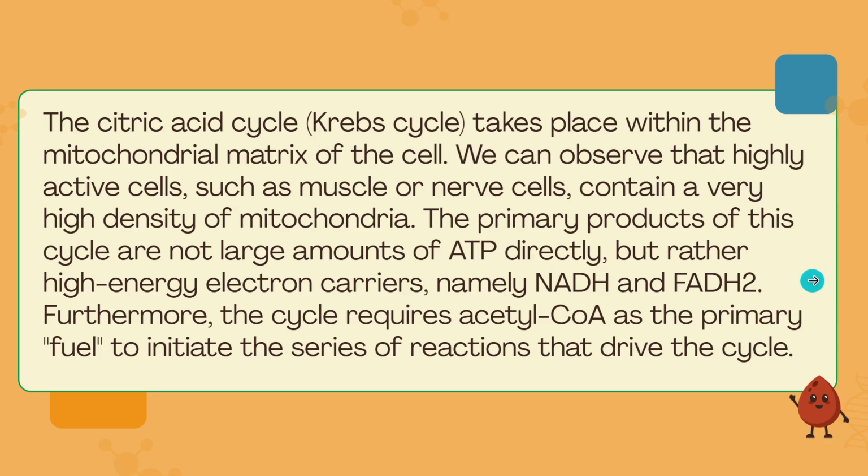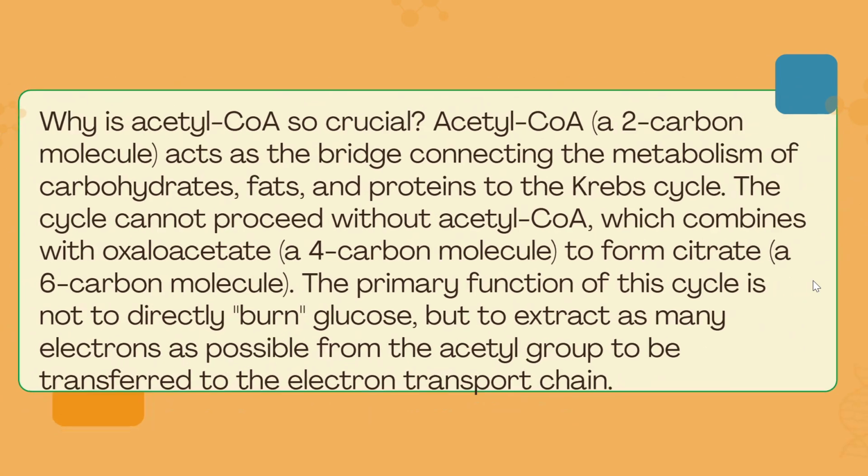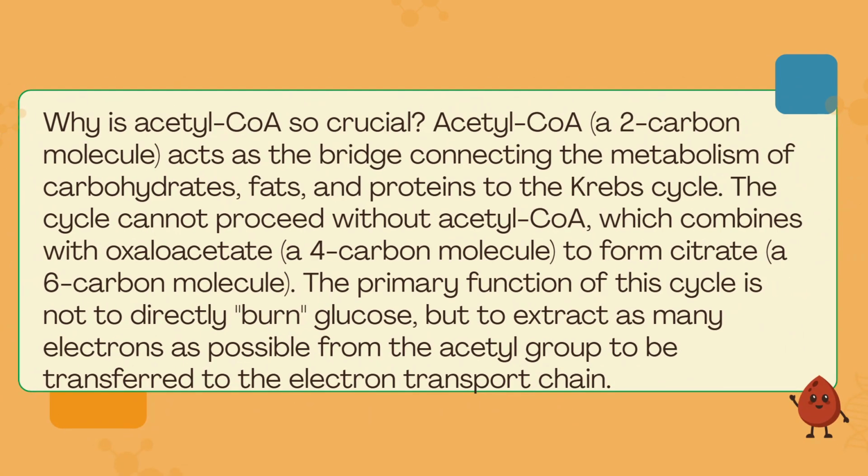Furthermore, the cycle requires acetyl coenzyme A as the primary fuel to initiate the series of reactions that drive the cycle. And then, why is acetyl coenzyme A so crucial? Acetyl coenzyme A, a two carbon molecule, acts as the bridge connecting the metabolism of carbohydrates, fats, and proteins to the Krebs cycle.